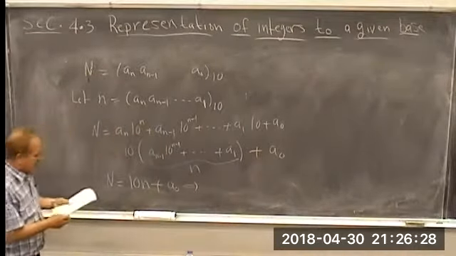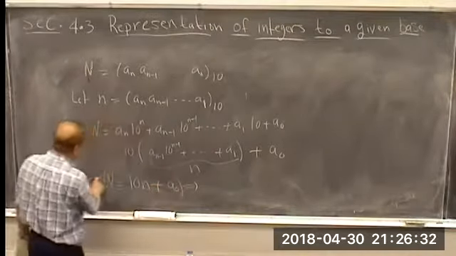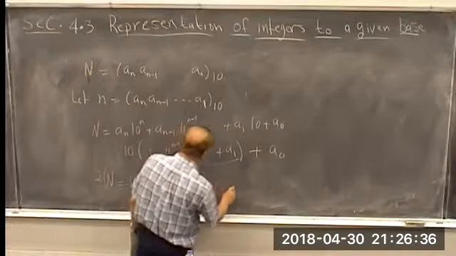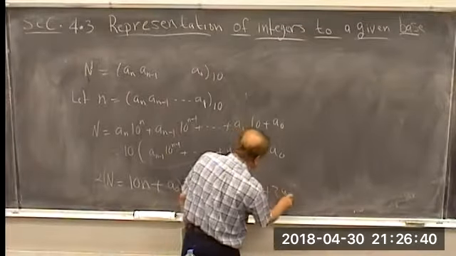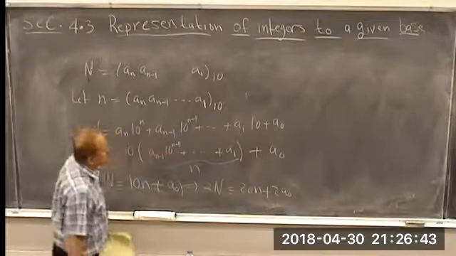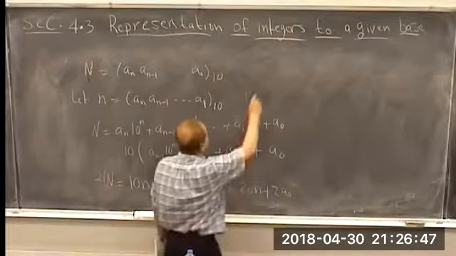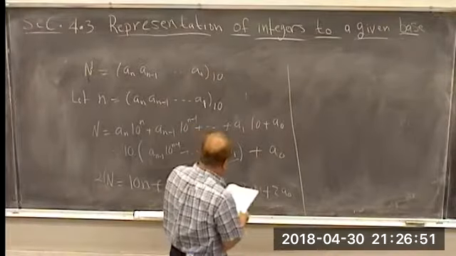From this, actually, I can multiply this by 2. And we get 2n equal to 20 little n plus 2a_0, because I need this 2a_0. Now I want to rewrite this. I want to multiply it actually by a negative.